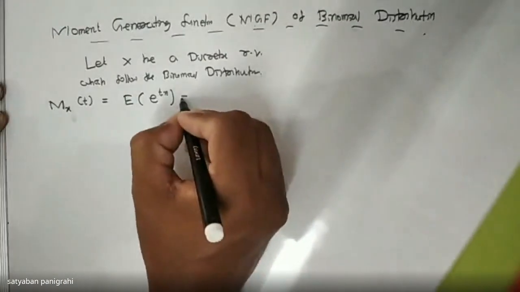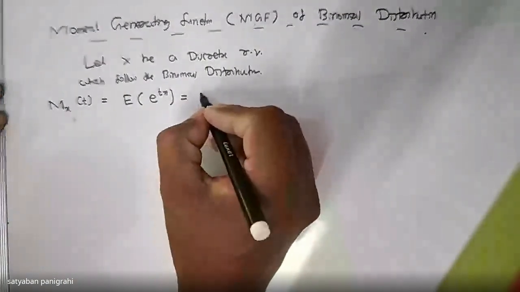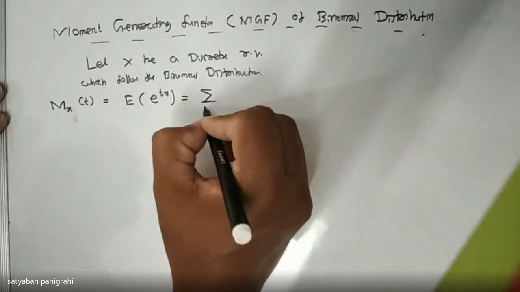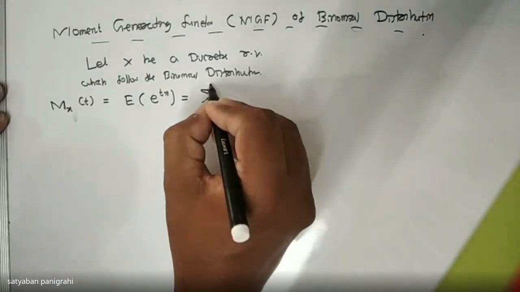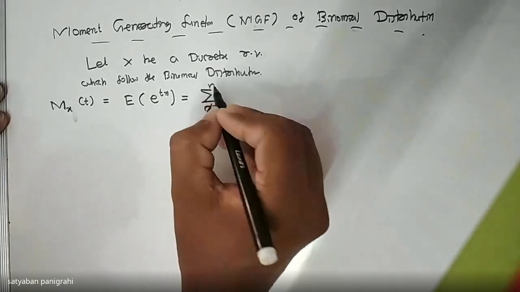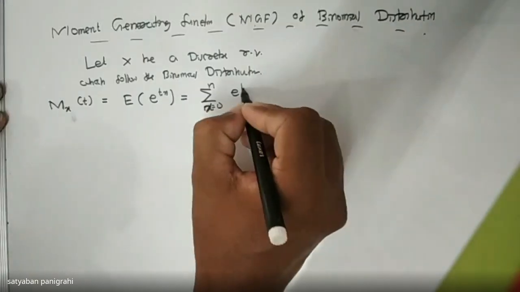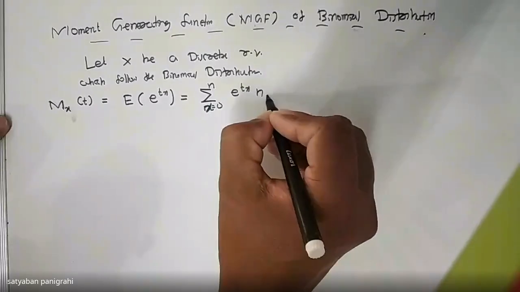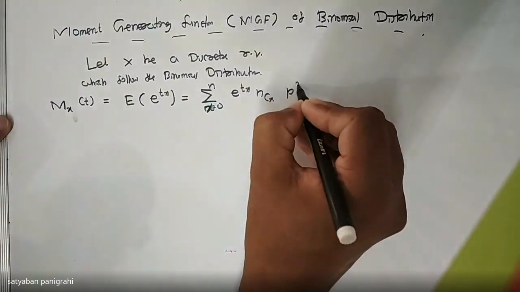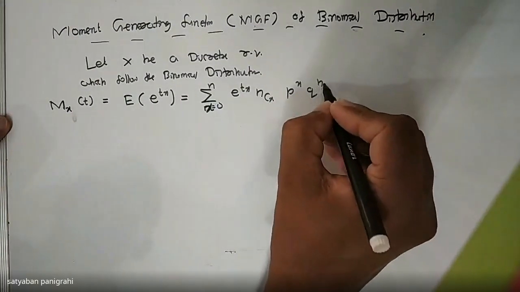Okay, and this equals summation x from 0 to n of e to the power tx nCx p to the power x q to the power n minus x.